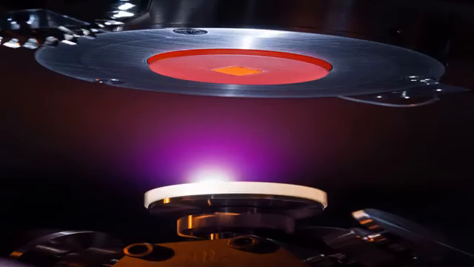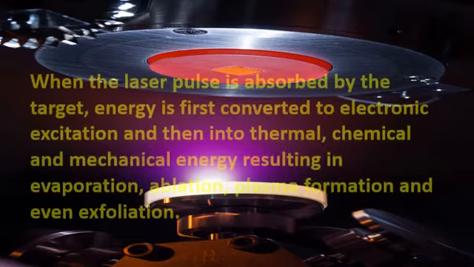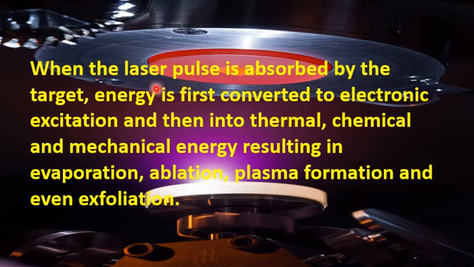So dear student, what do you think? What does the laser do when it interacts with the surface of the precursor or source or target material in the pulse laser deposition setup? When the laser of high energy falls onto the surface of the target material, the laser pulse is absorbed by the target material.